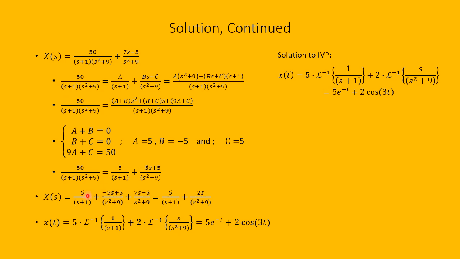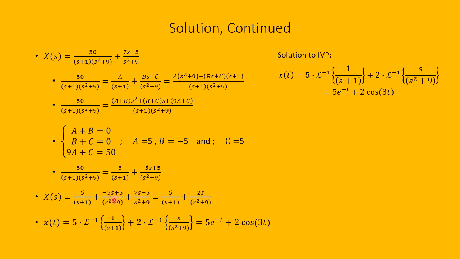Now, this can be simplified somewhat. This fraction and this fraction have the same denominator, so we can easily add these two fractions together. Minus 5s plus 7s is 2s. Minus 5 minus 5 is 0.